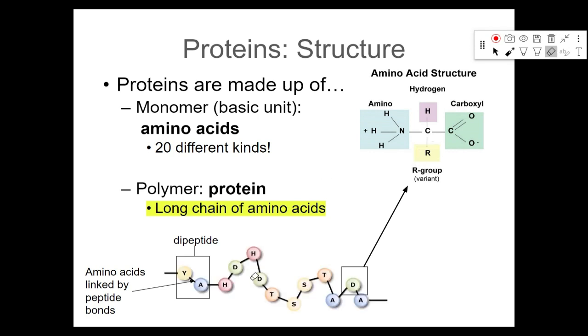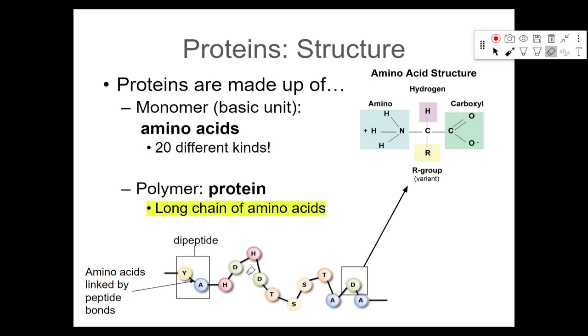Right, so here you see a dipeptide. Di means two, right? There are different ways to say two. Bi means two, di means two. In this case, it's a dipeptide, which means these things right here. So let me point this out really quickly. Amino acids are linked by peptide bonds, right? And so here you see this peptide bond right here, and this peptide bond here.